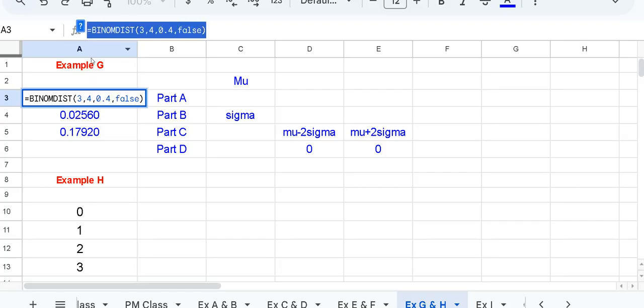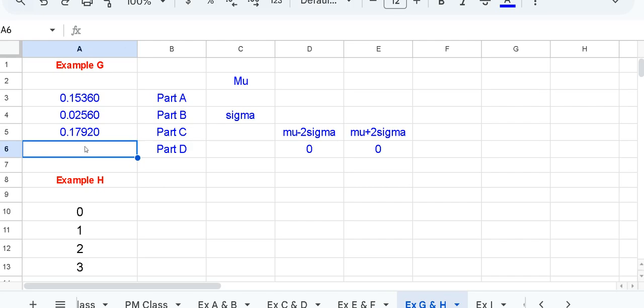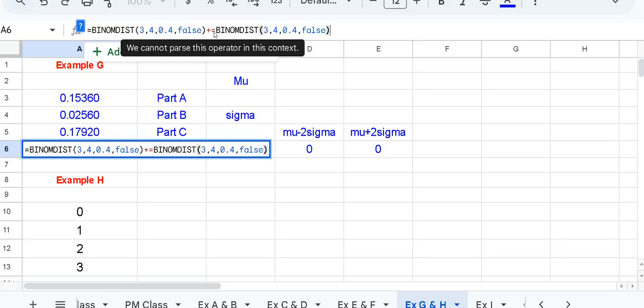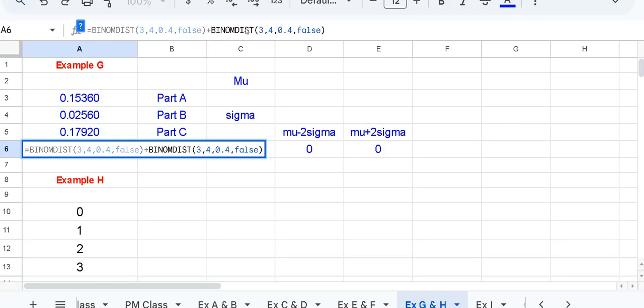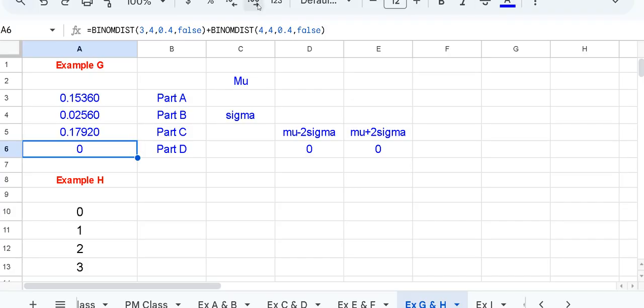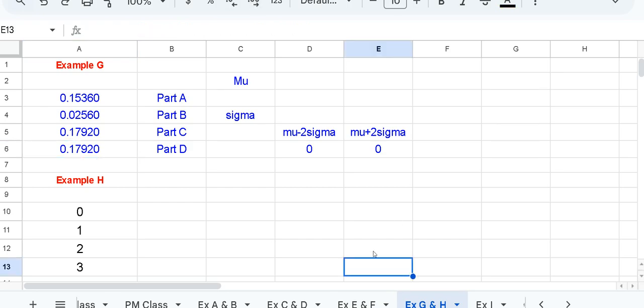If I was really motivated, I could say that's equal to this plus the probability that I had a 4 here. It would work that way as well. It just feels easier to add up those previous two answers rather than type out that command. But if you wanted to, you could type out the whole command. Doesn't matter. I should get exactly the same thing, except my number of decimals is not set the right way. There you go. Now it works.